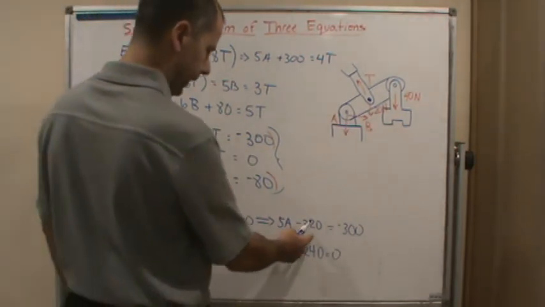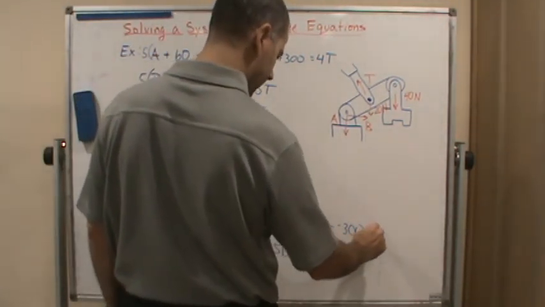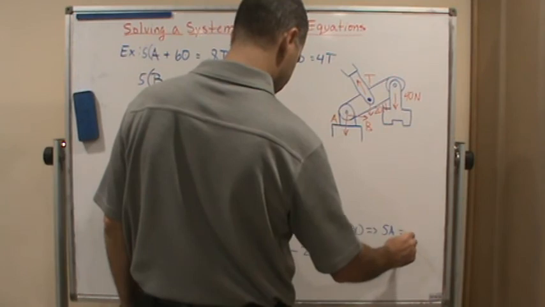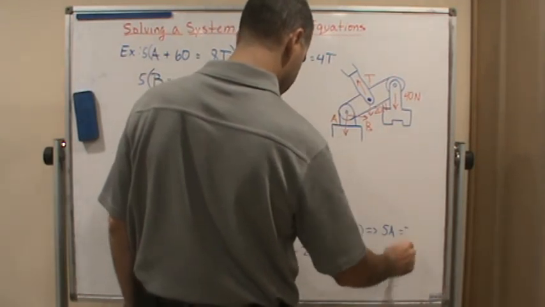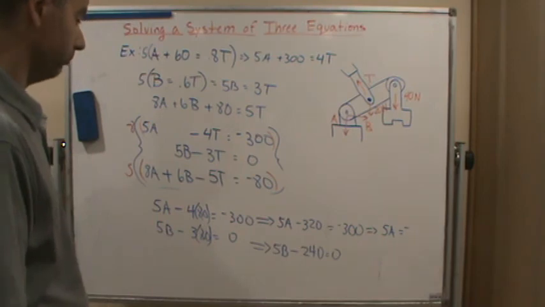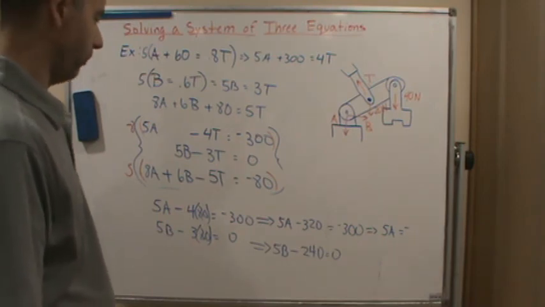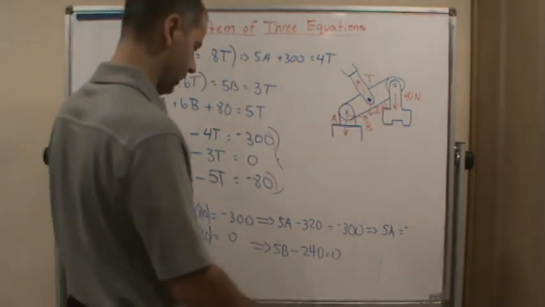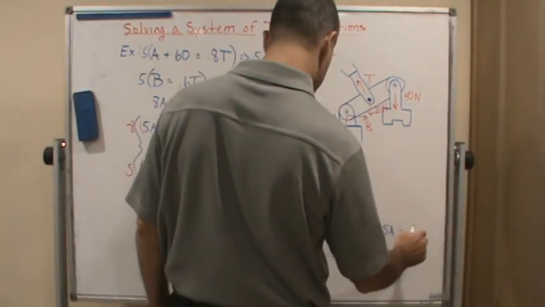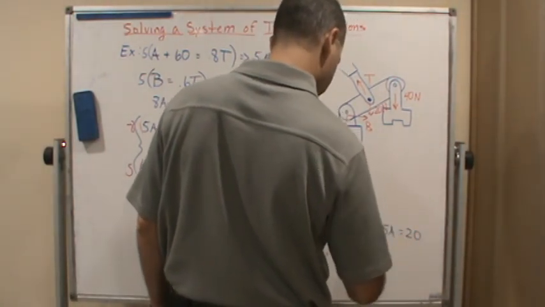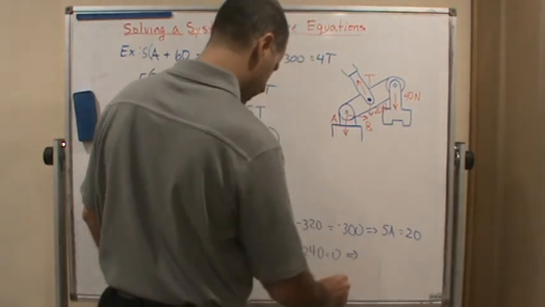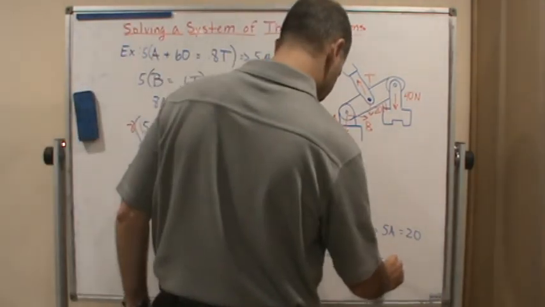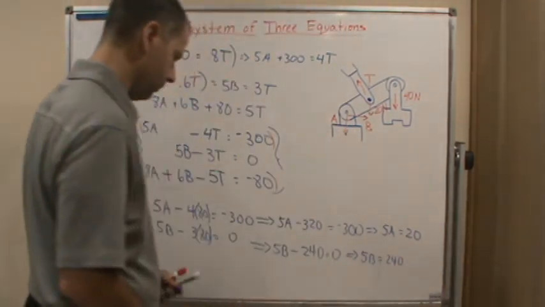Okay, and then if we add 320 to both sides, we get 5a equals, well, if we add 320 to both sides, we just get plus 20, right? And then here, we get 5b at the bottom is equal to 240, right?